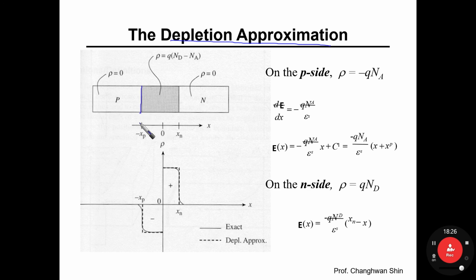So here at x equals minus xp and here at x equals xn, the charge density in this neutral region is 0, and in the pure n-side neutral region, the charge density is 0. However, in the depletion region, the charge density is not 0 anymore. So in the next movie clip, I'm going to tell you some more details on how to use the depletion approximation for the PN diode.